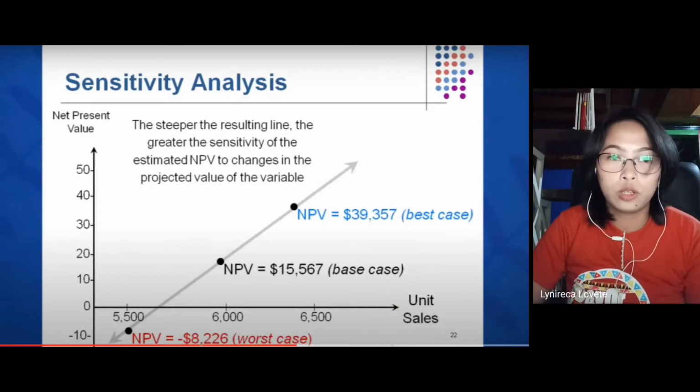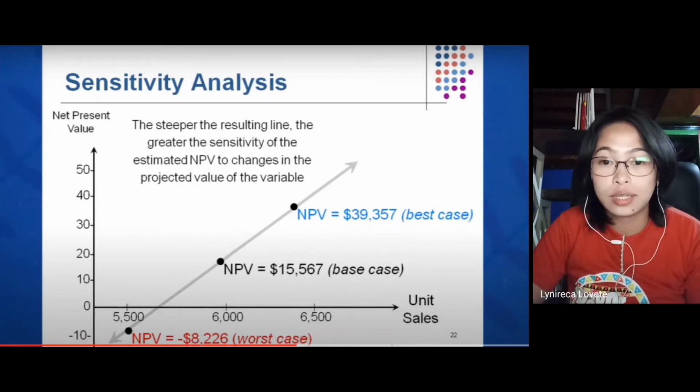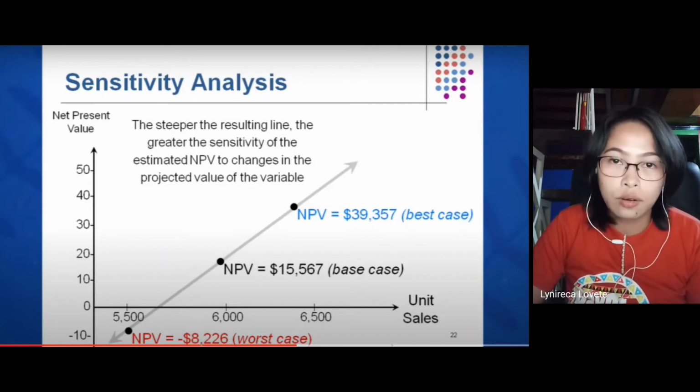In this example, 8,226 is considered the worst case because it has the lowest NPV, while 39,257 is the best case because it accumulated the highest NPV. The base case here is 15,567.